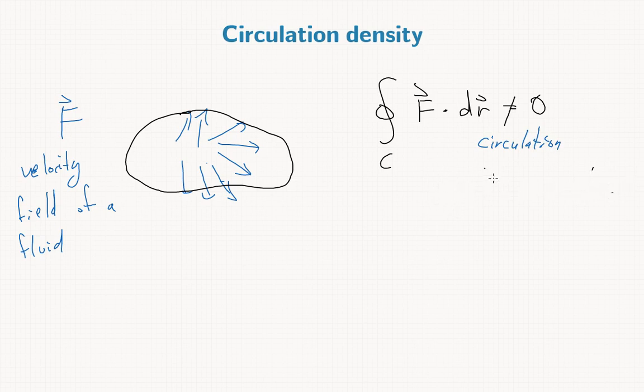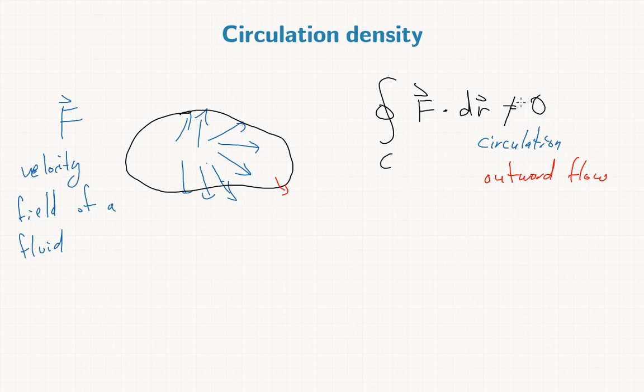And a variant on this, if we change the integral a little bit, as I'll discuss, we could also use an integral to calculate the flow of the fluid in or out of this region.